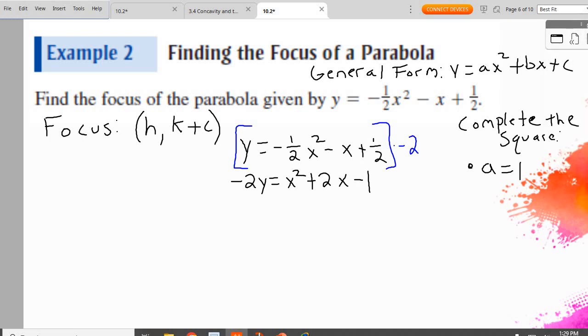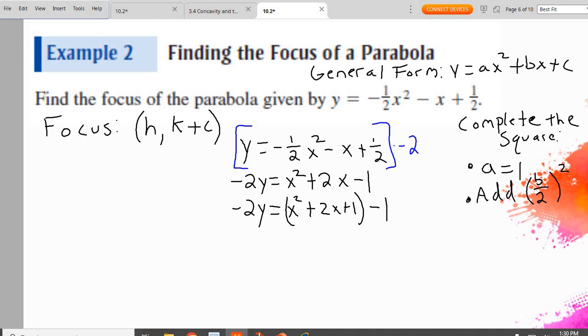So then our next step is going to be to add b divided by 2, quantity squared. So what's our b value? 2. What is 2 divided by 2? 1. And squared is also 1. So we're going to add that next to our x. Yes.